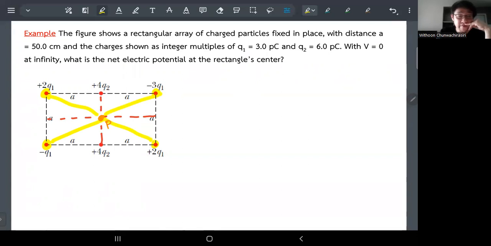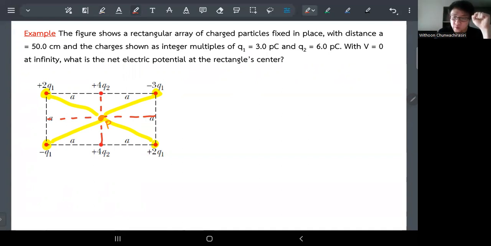The net value of the summation of those four charges adds to 0. Do you notice that? It's positive 2q1, negative 3, positive 2, negative 1. They add to 0. So you can say right away that the contribution from the corner charges is 0.